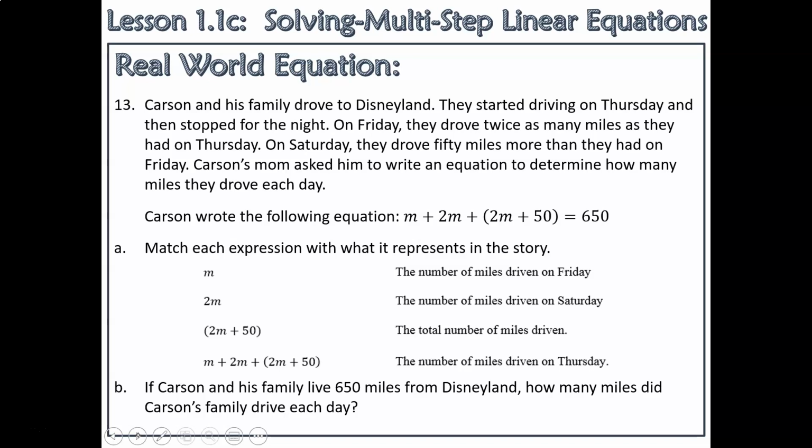So under A, let's match the expression with what it represents. So what's M? Well, M is the number of miles they drove on that very first night. 2M is the amount of miles they drove on Friday, twice as many as they did on Thursday. 2M plus 50, which is right here, is the miles they drove on Saturday.